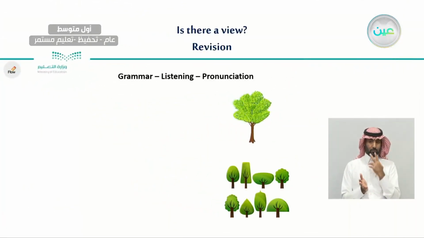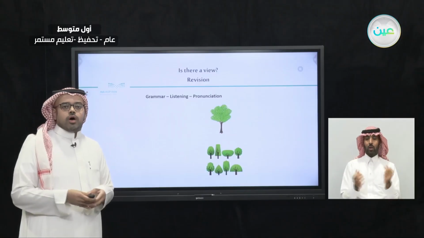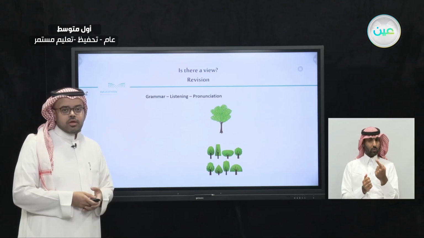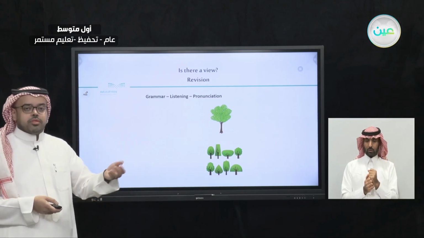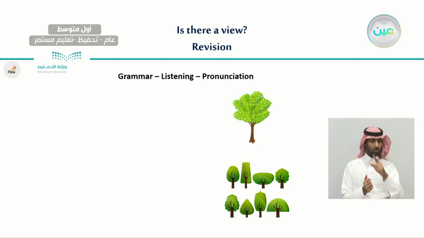And if you want to know the question of the answer: for example, if I ask someone and he says, yes, there is a tree, or yes, there are trees, how can I make a question that requires an answer with there is? It's simple.